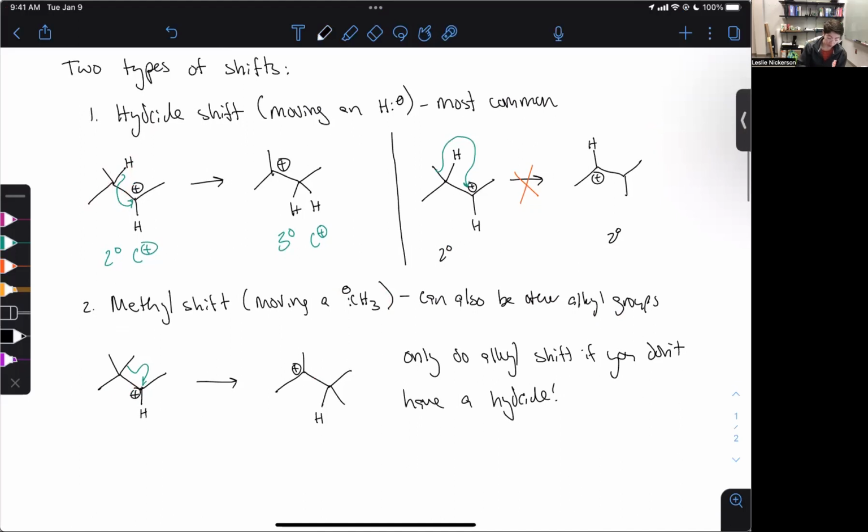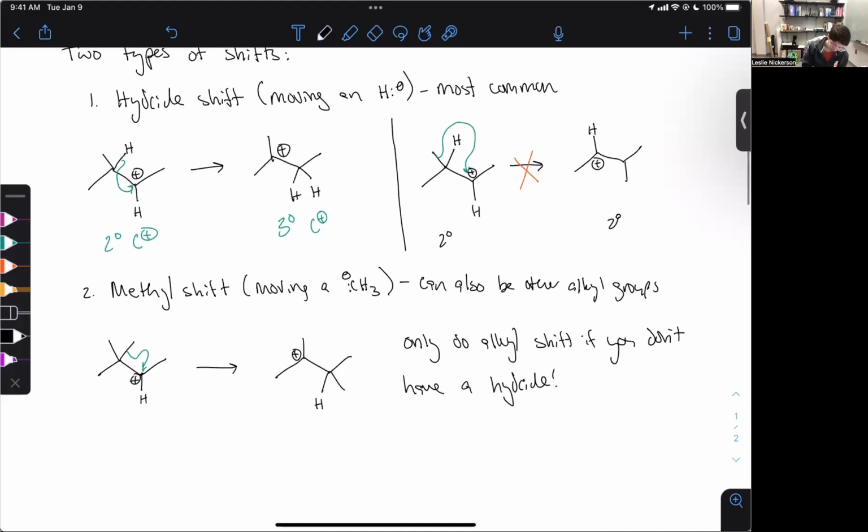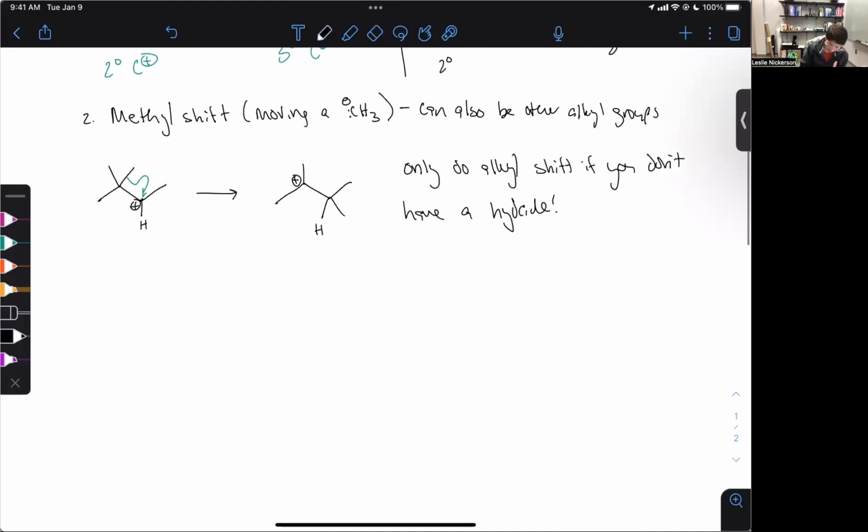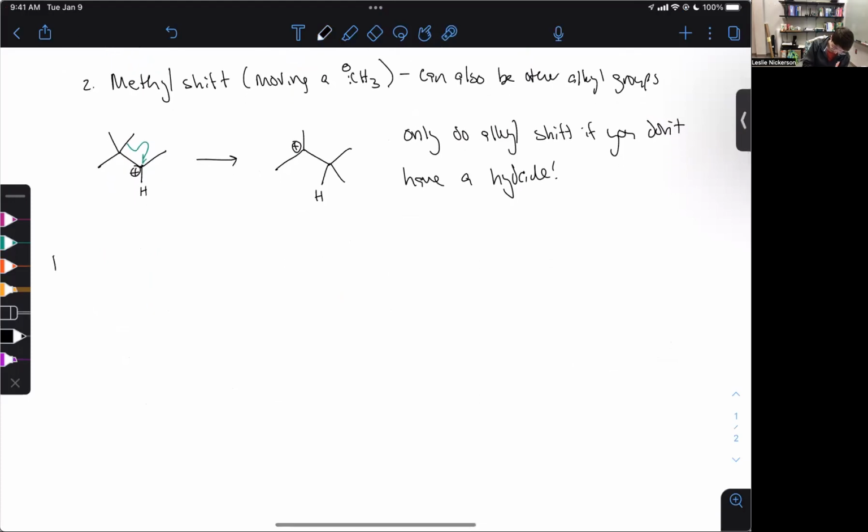Alrighty, let's talk about multiple rearrangements. Multiple rearrangements are more rare. They're not quite as common as single rearrangements.